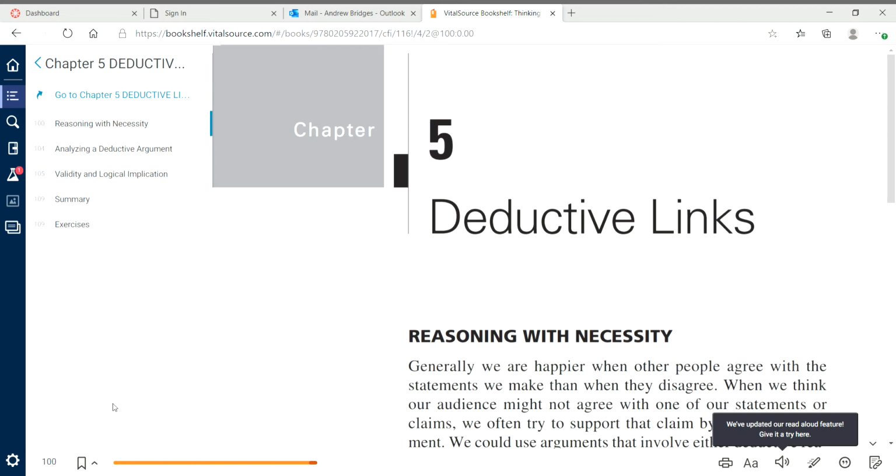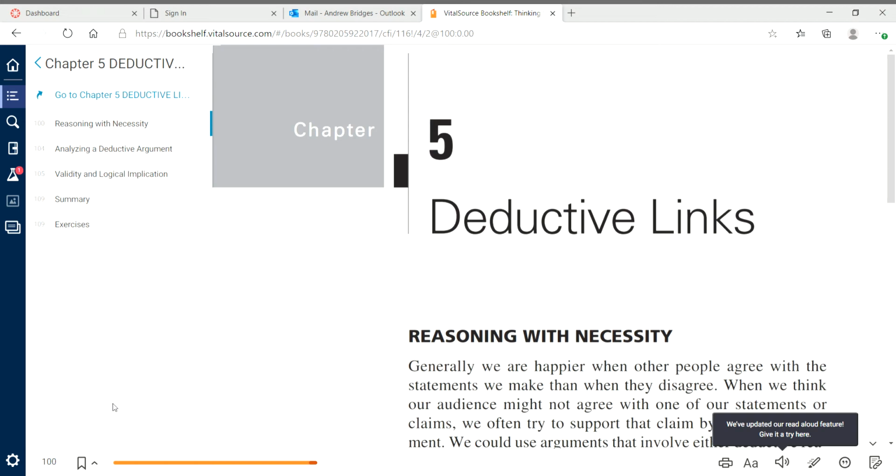What this means for reasoning is that if we are certain that the premises are true and that the logic is valid, the logical moves from the premises.